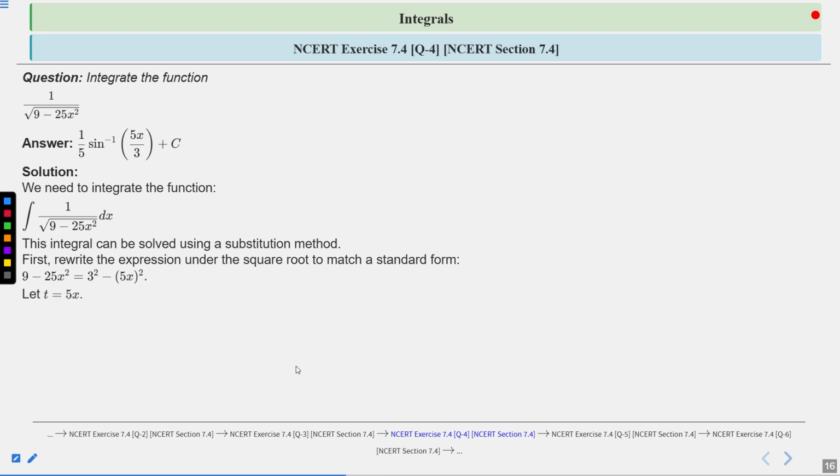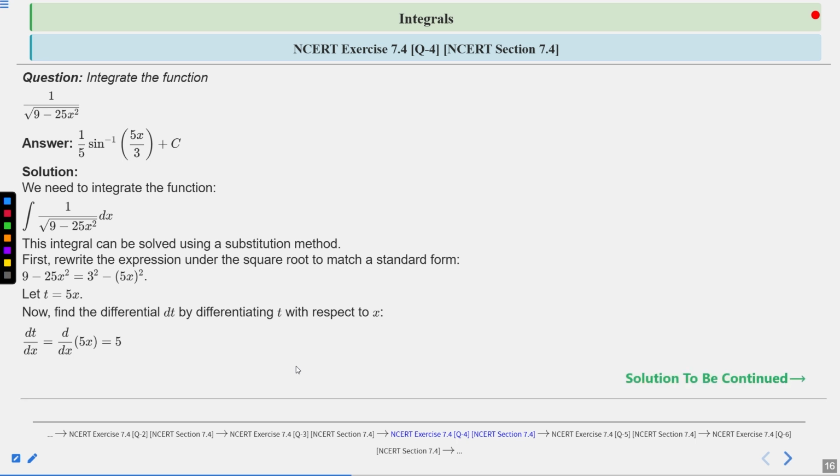Let t is equal to 5x. Now find the differential dt by differentiating t with respect to x. So dt by dx is equal to d upon dx of 5x, which is equal to 5.